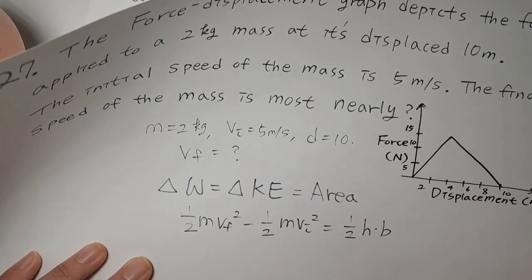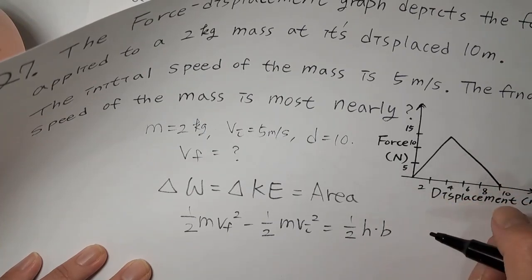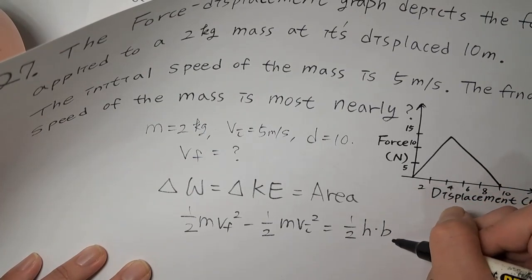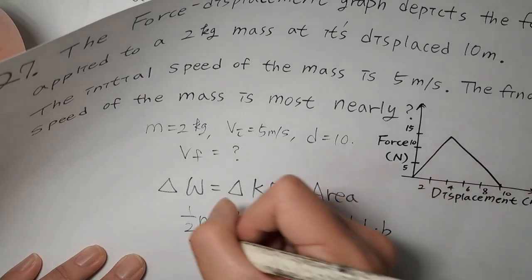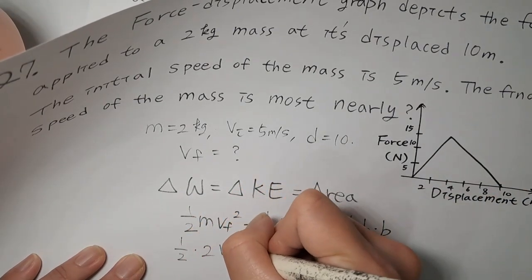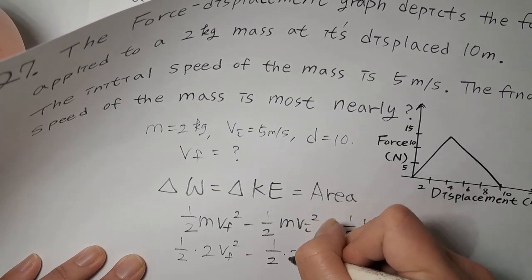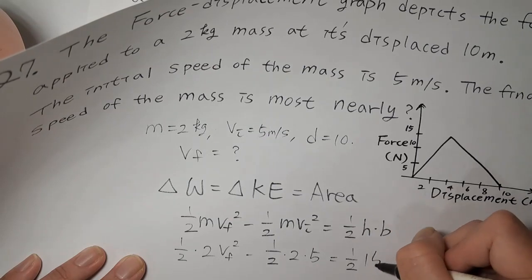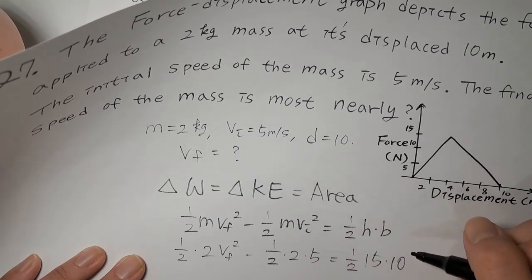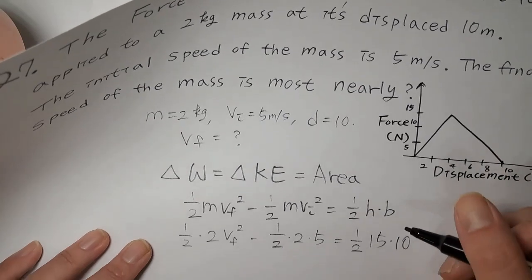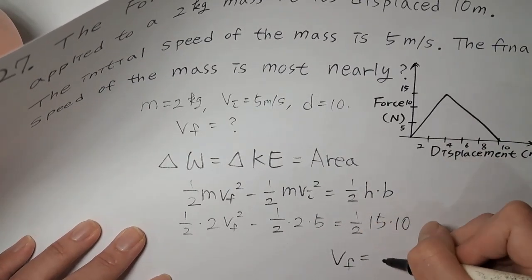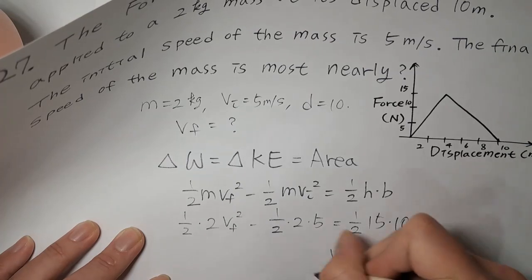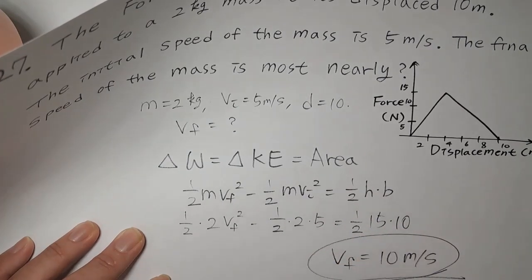So the triangle's area is going to be found by multiplying 1 over 2 and height and base. So final velocity is going to be 10 meters per second.